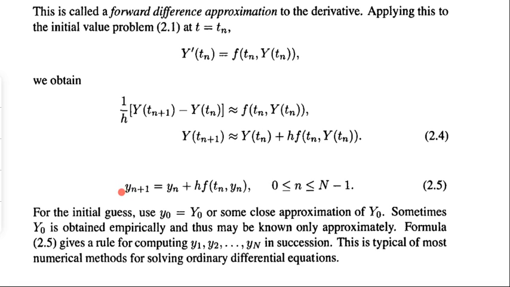You can obtain y2 again by substituting n equals 1 and substituting y1 and t1 in the right-hand side. You can continue this process to obtain y3 up to yn. So this will be a numerical technique. You have a recursive relation and you can obtain some approximations. This is a general sketch of our first numerical technique, Euler's method.